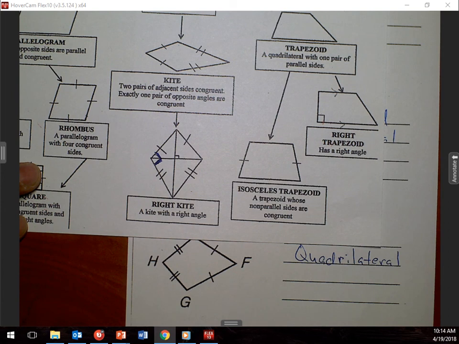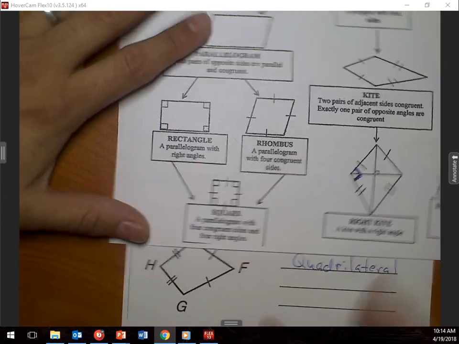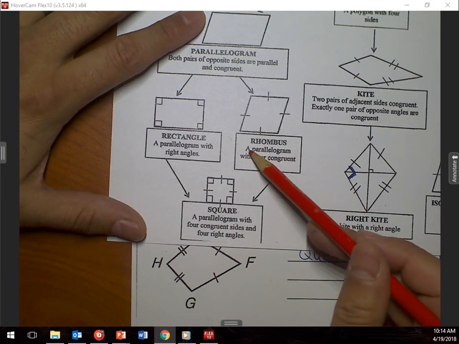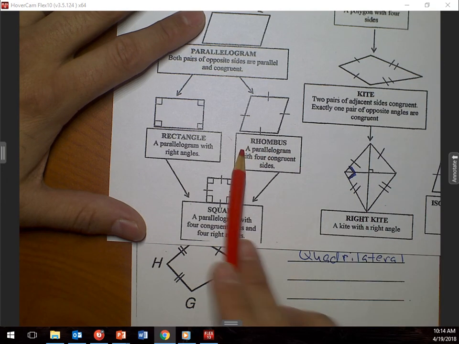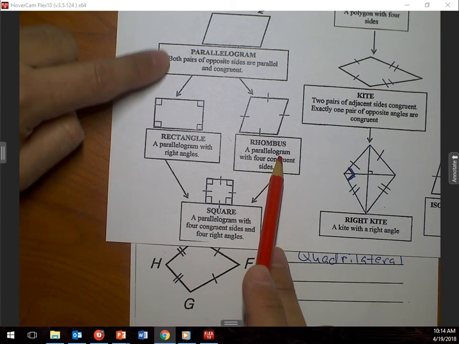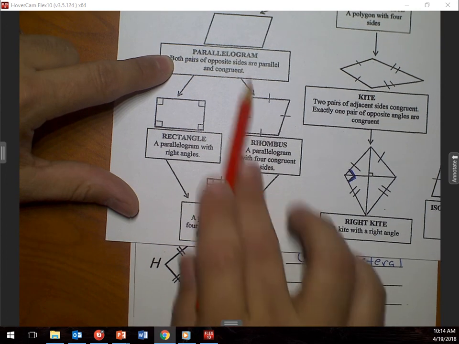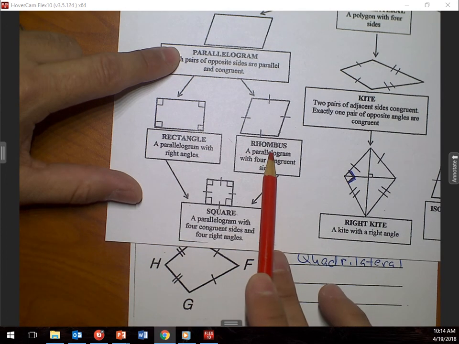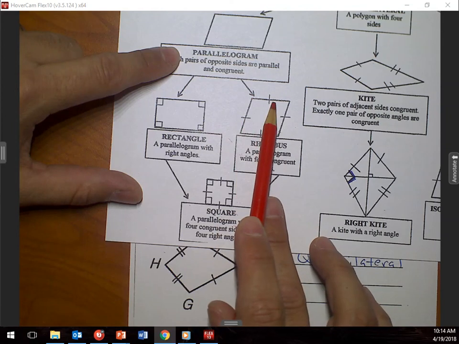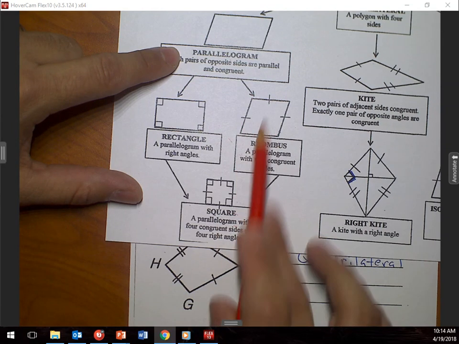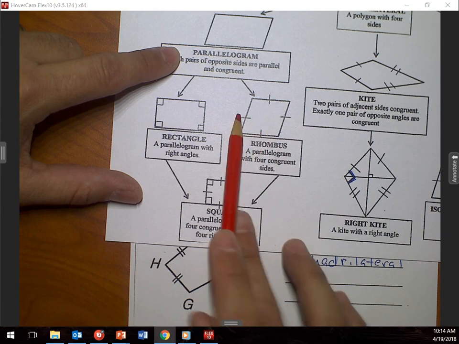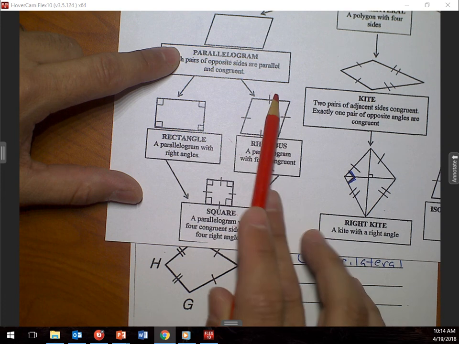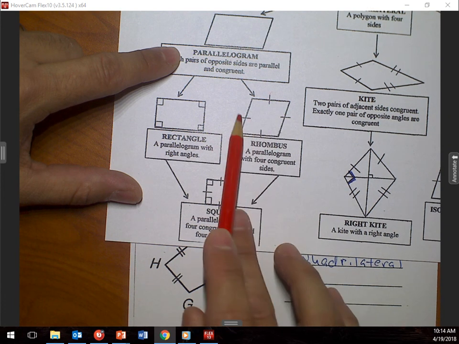Can we get confused with kite and rhombus? Let me see. If you notice, a rhombus is a parallelogram, so the opposite sides are parallel. Everything that a parallelogram is, this is also. Right here, these are parallel to each other, and these are parallel to each other. These are congruent to each other, and these are congruent.